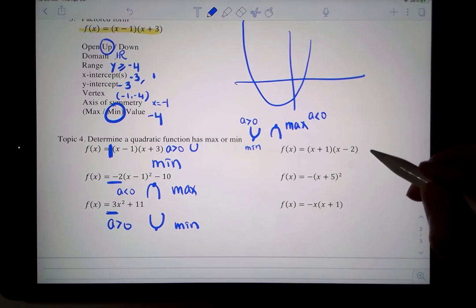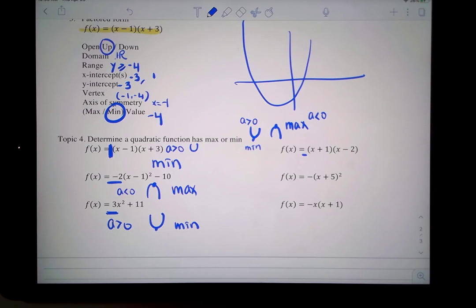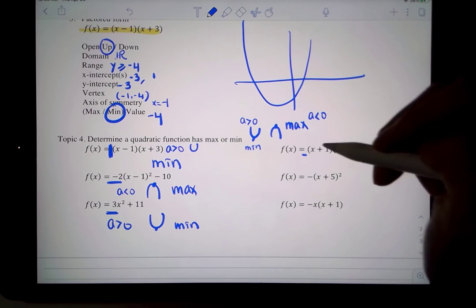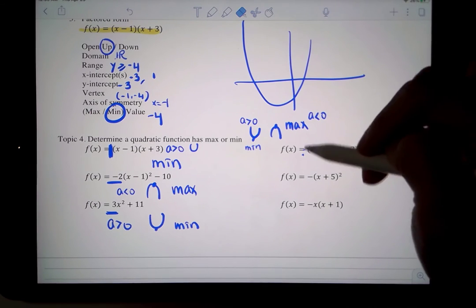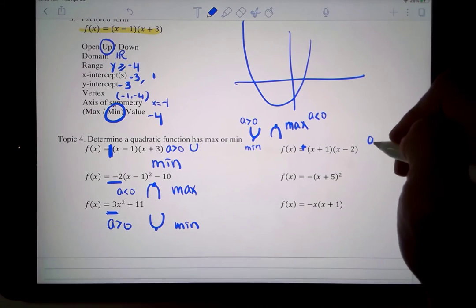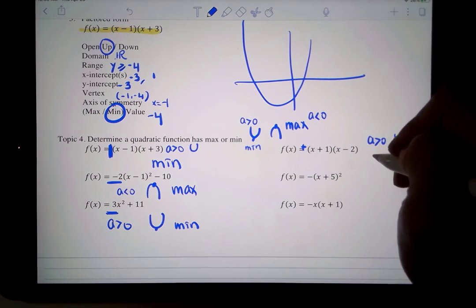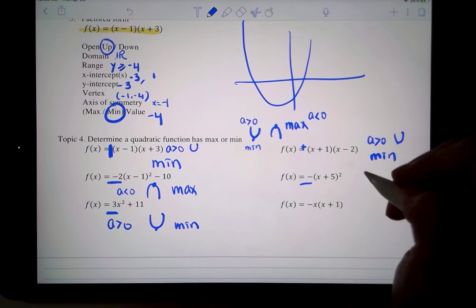And this one, look at A. Is it positive or negative? Positive. If that's negative, you will see a negative sign like that. But you don't have it. So that's positive over here. A is positive, opens up. You have a minimum. That one, do you see this negative?